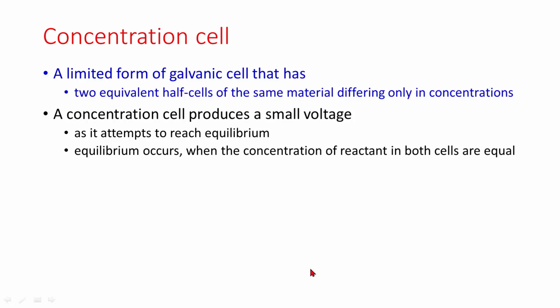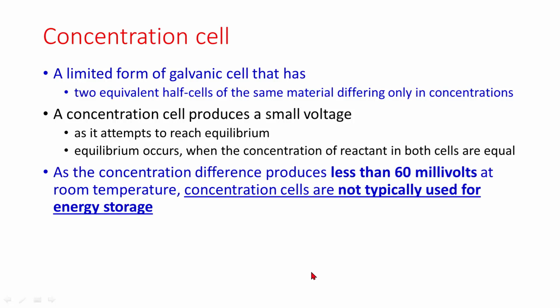Equilibrium occurs when the concentration of reactant in both cells are equal. As the concentration difference produces less than 60 millivolts at room temperature, concentration cells are not typically used for energy storage.